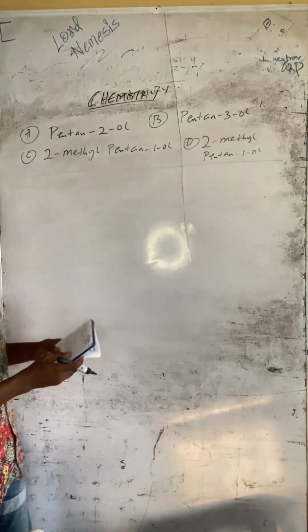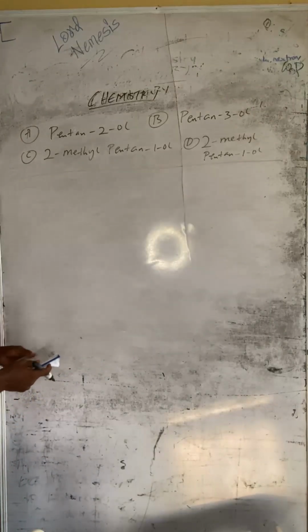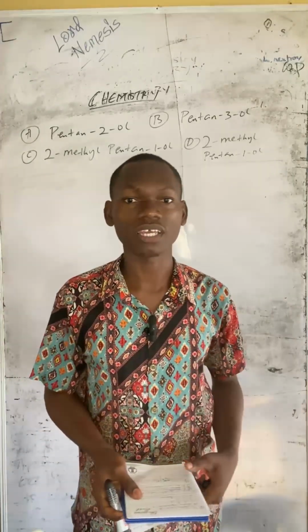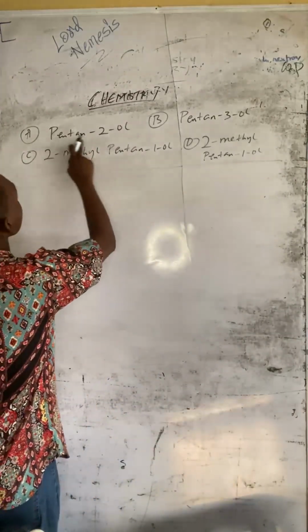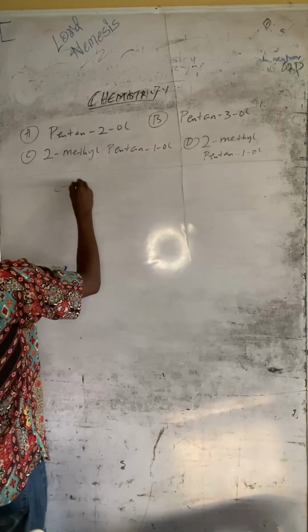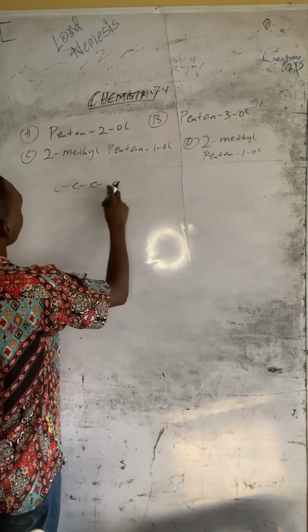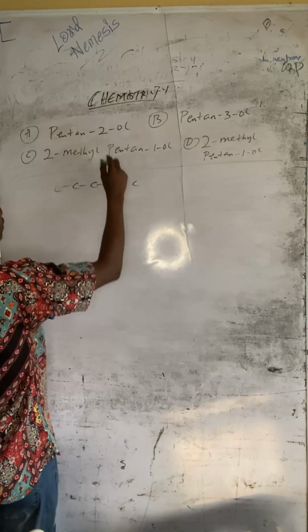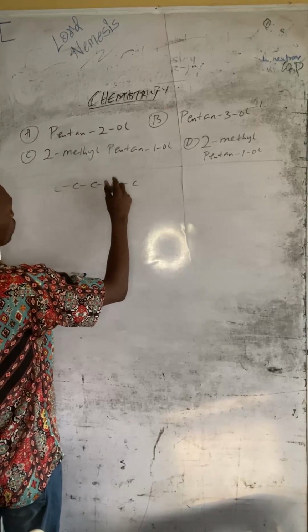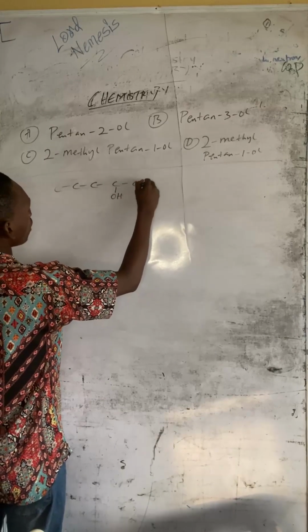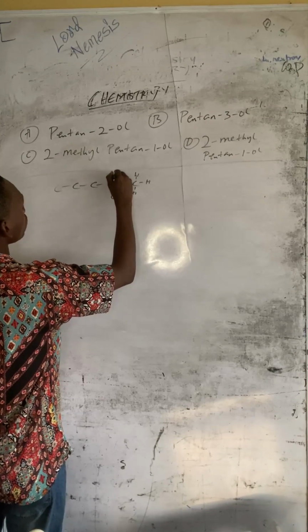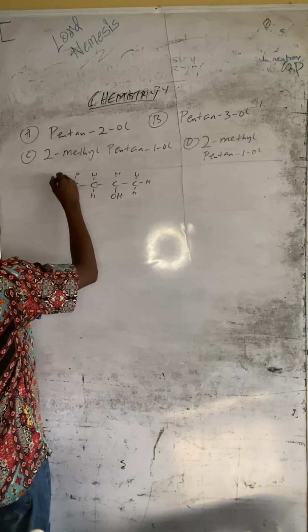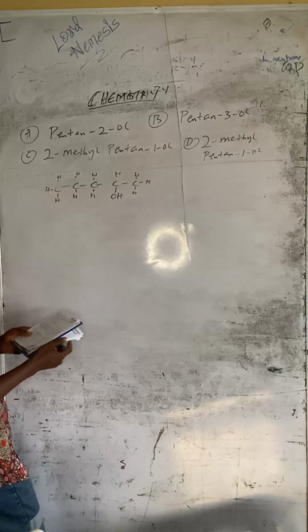Now, in order for us to do that, let's quickly draw the structure of all these alcohols to tell which of them is a tertiary, primary, or even a secondary alcohol. Whenever you see pent, we mean there are 5 carbons present. We have 5 carbons, 1, 2, 3, 4, and 5, and the OH group is attached to the second carbon atom. All other carbons will have hydrogen in order to complete the tetravalent nature of carbon.